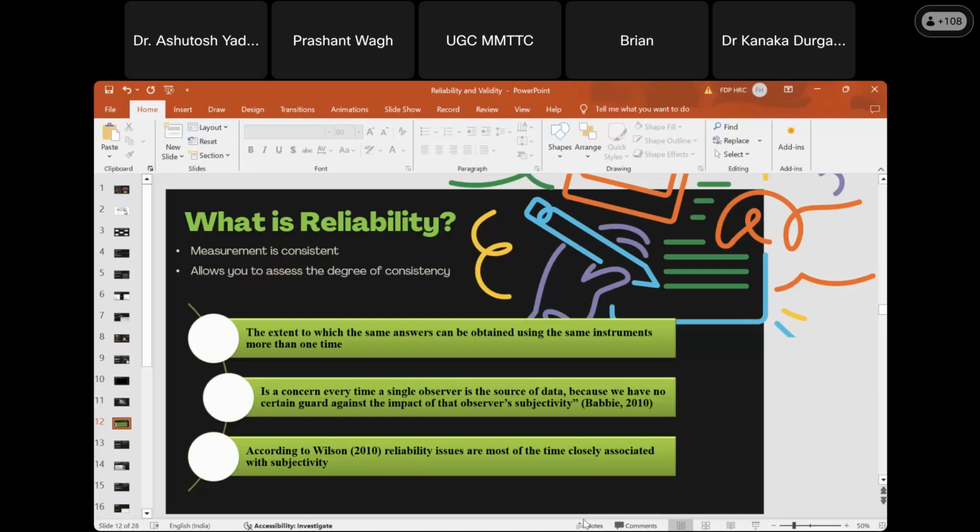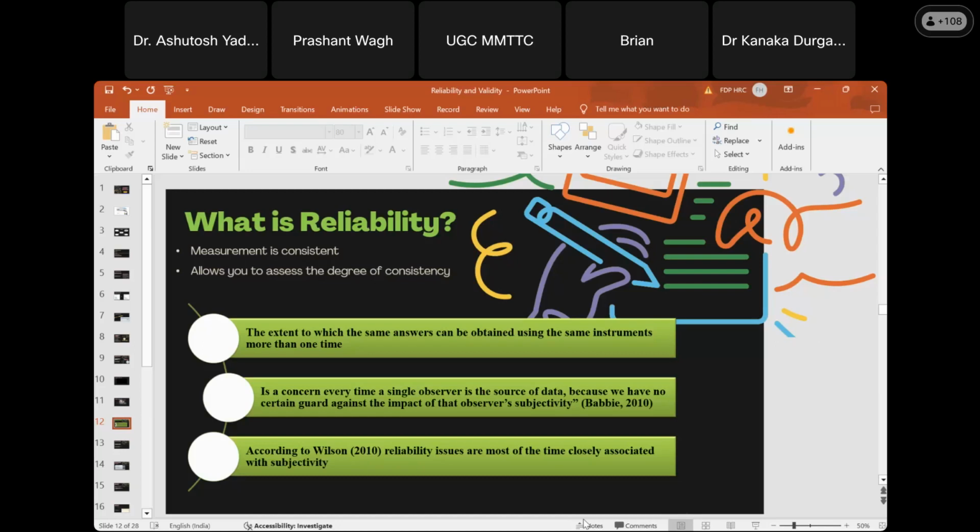And if we speak more formally, then reliability refers to the extent to which the same answers can be obtained using the same instruments more than one time. In simple terms, if your research is associated with high levels of reliability, then other researchers need to be able to generate the same results using the same research methods under similar conditions.